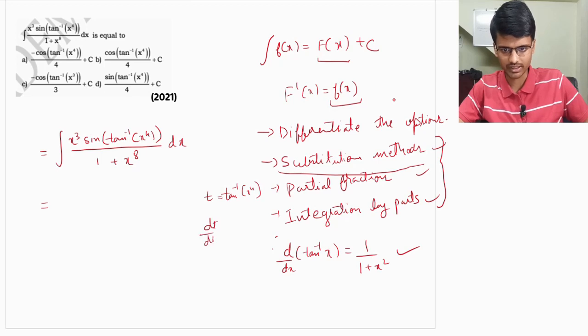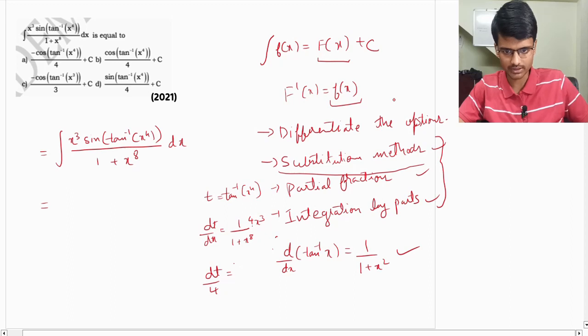dt by dx is equal to 1 by 1 plus x power 8, times the differentiation of x power 4, which is 4x cube. So I need to replace dx. Our dt is nothing but 4x cube dx by 1 plus x power 8.